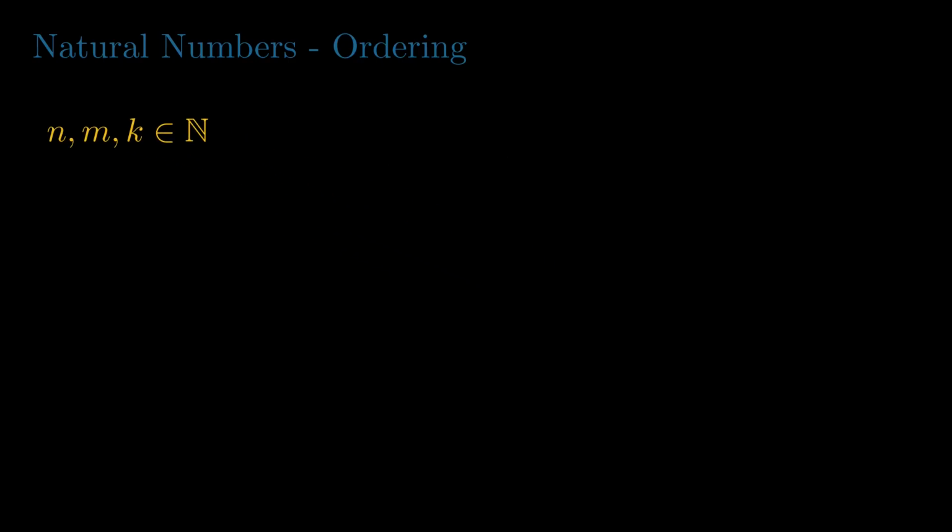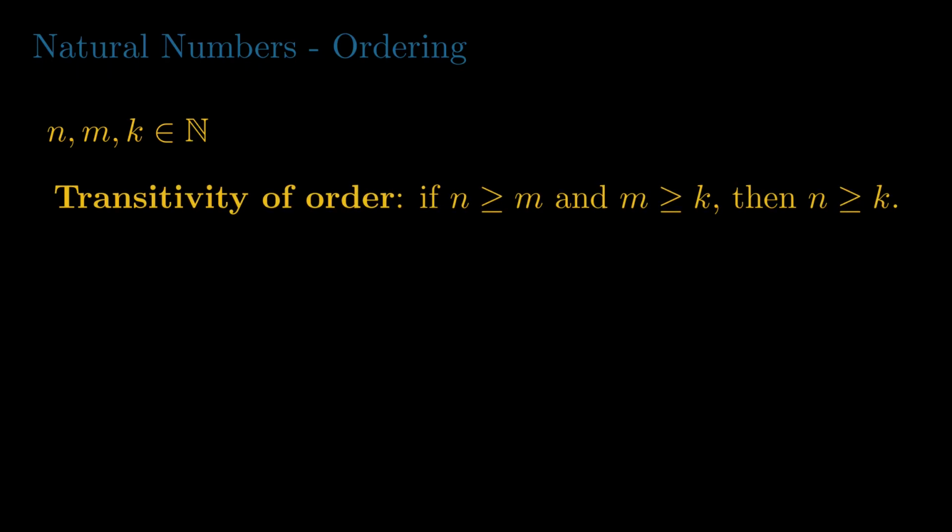The first one is called transitivity of order. It tells us if n is greater or equal to m and m is greater or equal to k, then n is greater or equal to k. Let's prove that using the basic definition of greater equal.